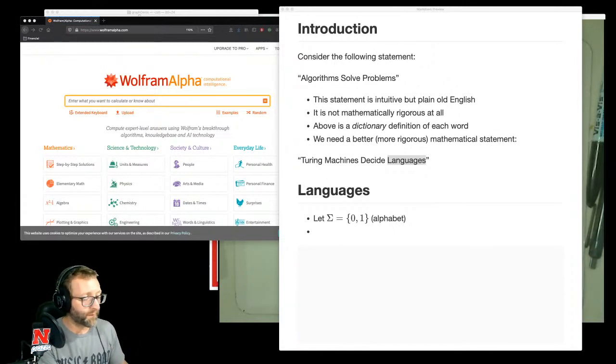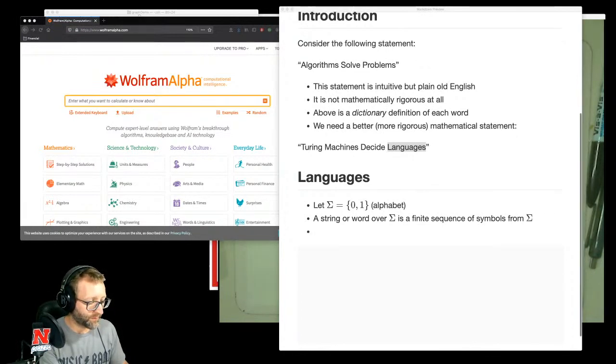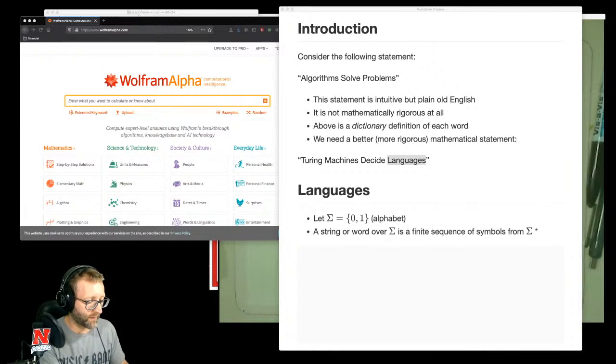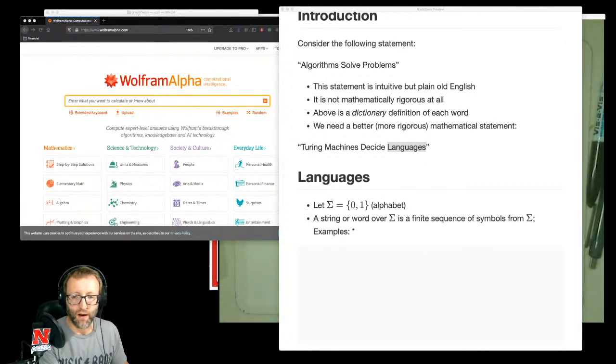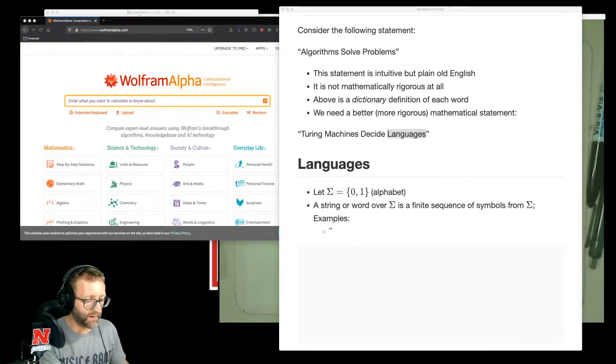as your alphabet. A string or word over sigma is a finite sequence of symbols from sigma. So, for example, if I've got a binary alphabet here, then of course the string 0 is a string because it's just a string of length 1. Also, 1 by itself is a string.